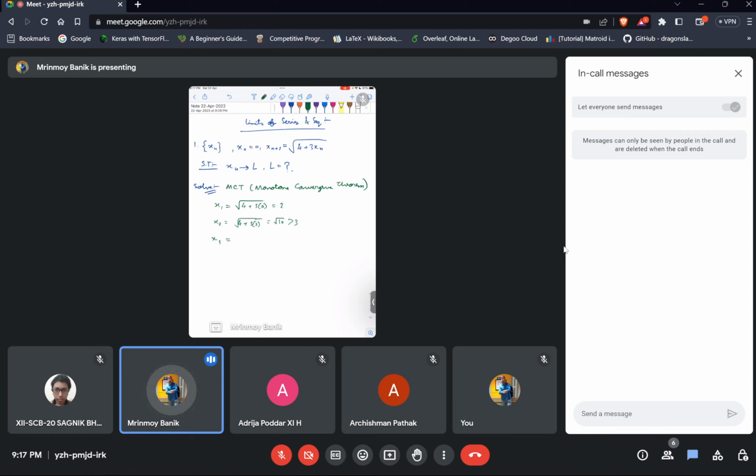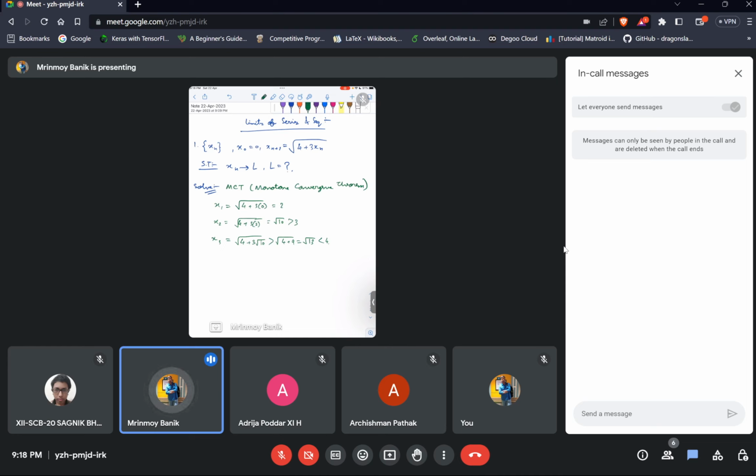Then x3, if you assume x2 is 3, is actually the square root of 30, which is less than 4.